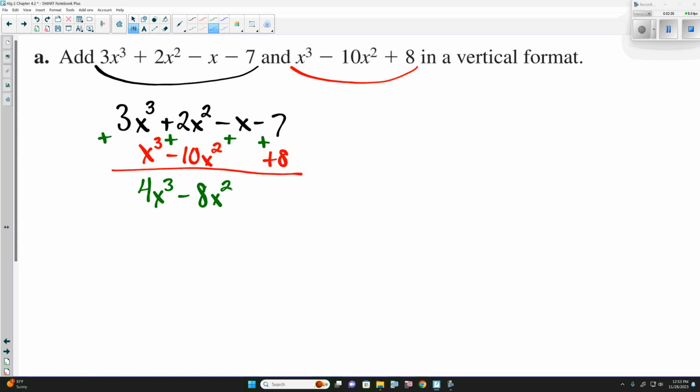Now since we don't have anything to add to negative x, it just stays negative x. And negative 7 plus 8 is what?